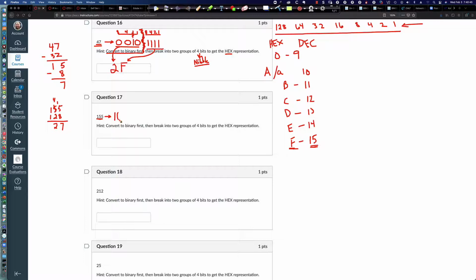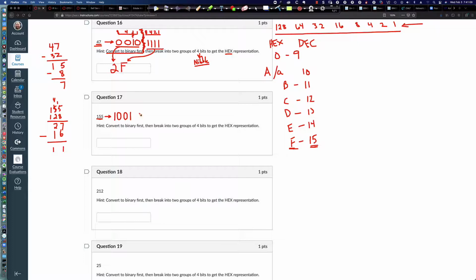So the 64 decimal value bit position is off. The 32 decimal value bit position will also be off because 32 is not less than or equal to 27. And then we get to 16, which is less than or equal to 27. So then we end up with 11 as the new value that we're working with.